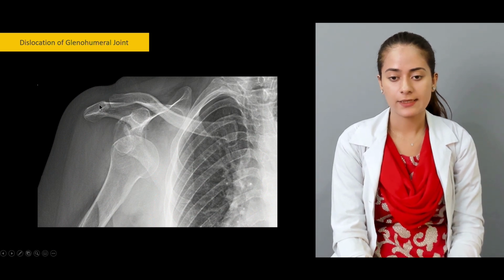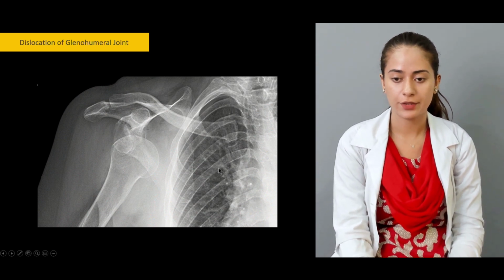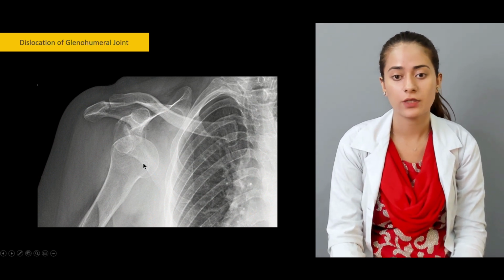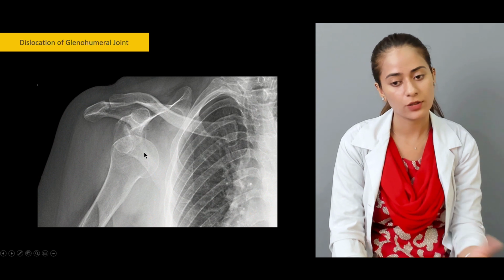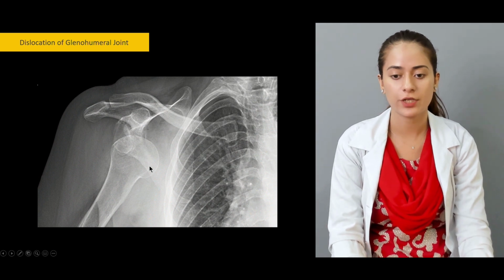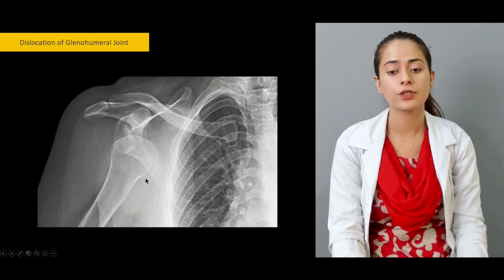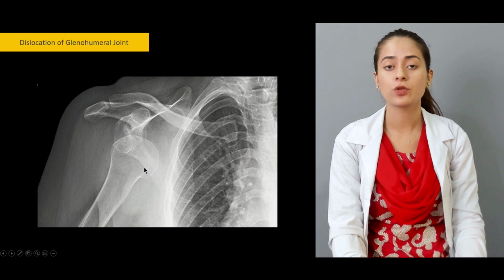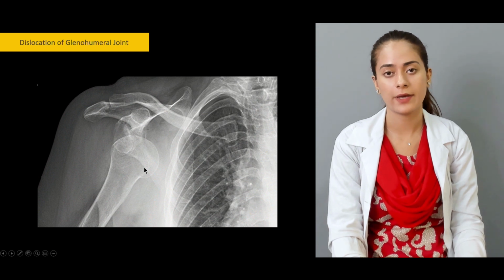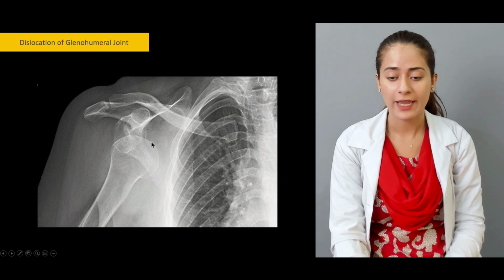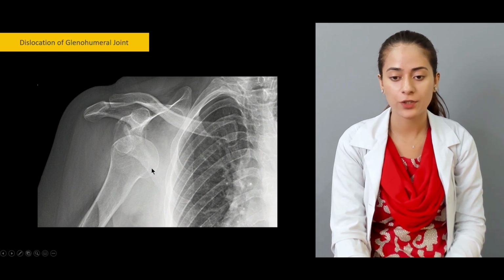So this is another AP view. This is showing the dislocation of the glenohumeral joint, or the humeral head, we call it. It is an anterior inferior dislocation, and it is the most common dislocation at the shoulder joint. So this is anteriorly placed and inferiorly placed.